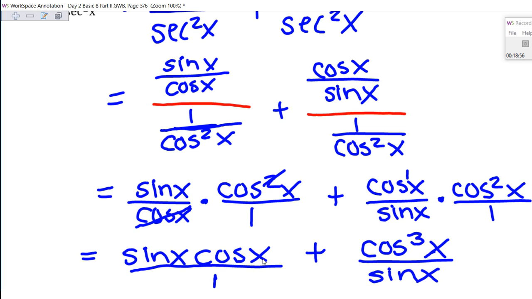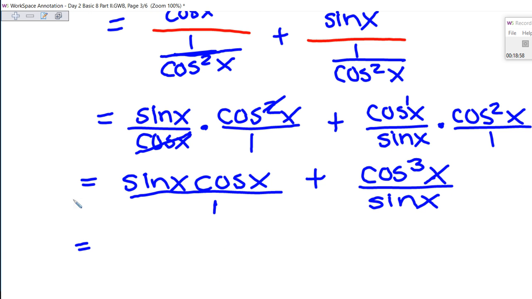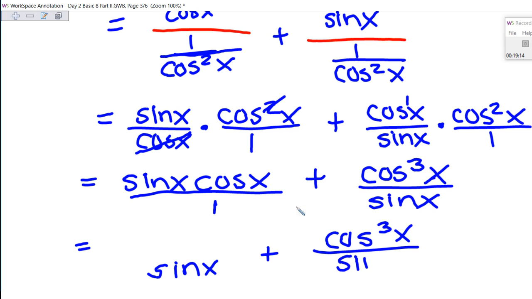I'm sorry. What's the common denominator? Sine of x. So what do you multiply 1 by to get sine of x? Sine of x. So that means the numerator needs to be multiplied by sine of x as well.